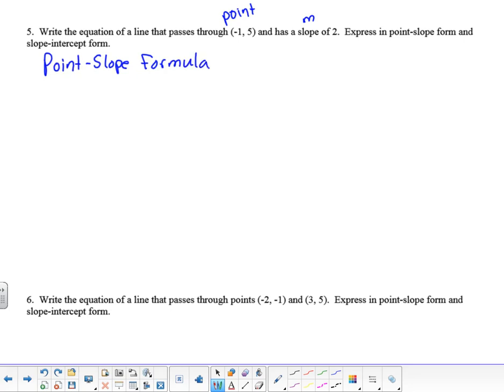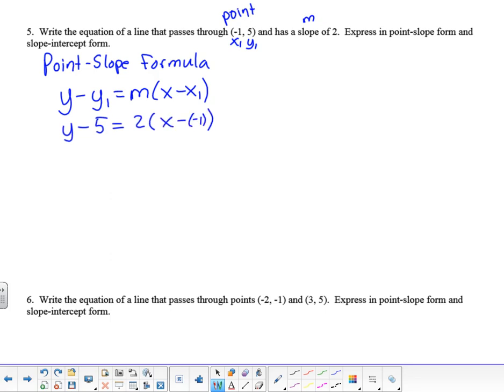The point slope formula is y minus y1 equals m times the quantity of x minus x1. The point is going to be x sub 1, y sub 1. And so we do y minus 5 equals m, which is 2, times the quantity of x minus -1.